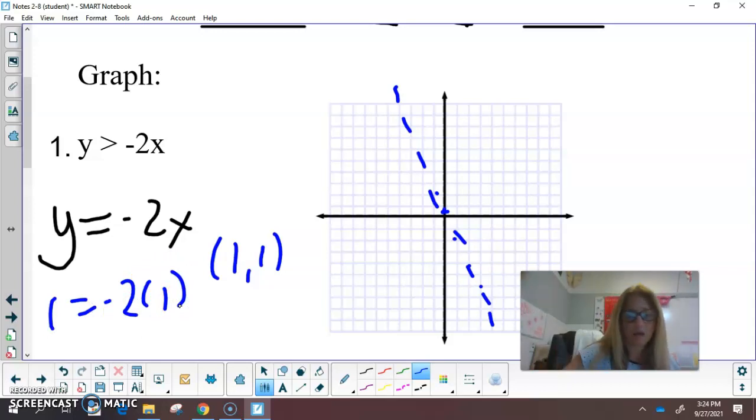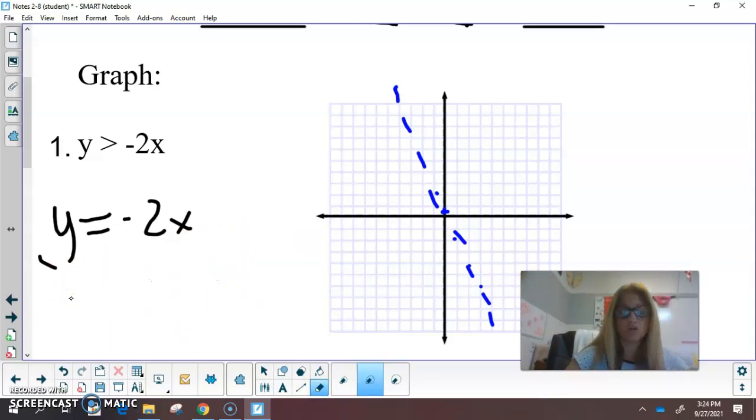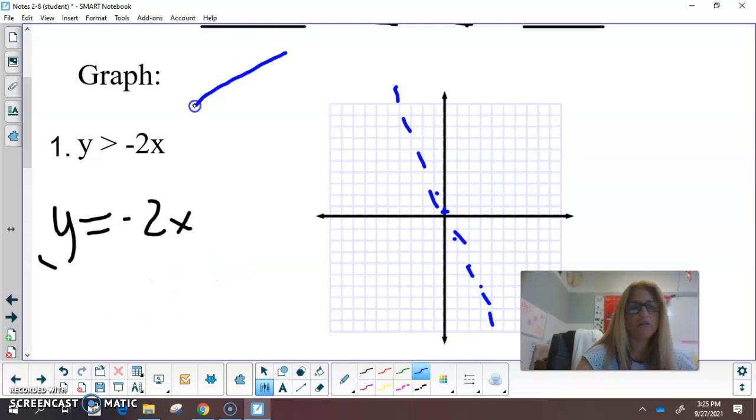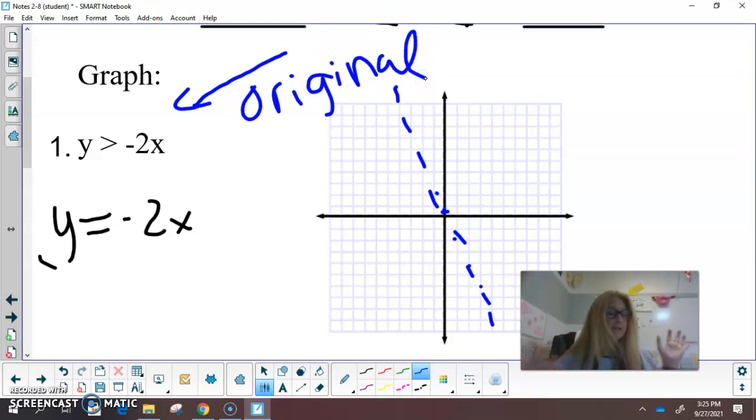Stop, stop. We plug it into the original inequality, not the equation, sorry. I want you to make sure you indicate original inequality. That's what we check it in, not the one we solved, the original.